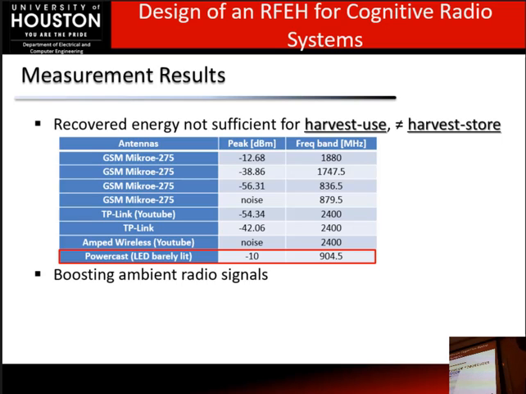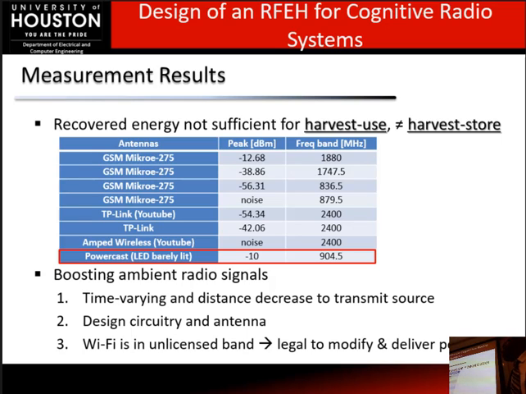For example, we can try to find a way to boost these ambient radio signals. One way is to make sure that we use it in a period where we have plenty of signals. Like, for example, during the day, if we're close to a radio tower, and we can also make sure that we're very close to the transmitter. The other way is to design a better circuit than the one I showed you earlier, and a better antenna, which is outside the scope of my research.